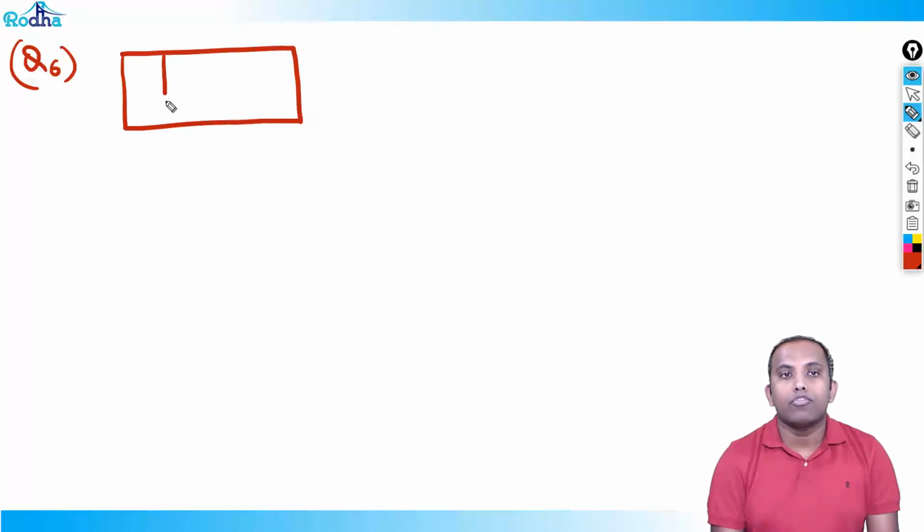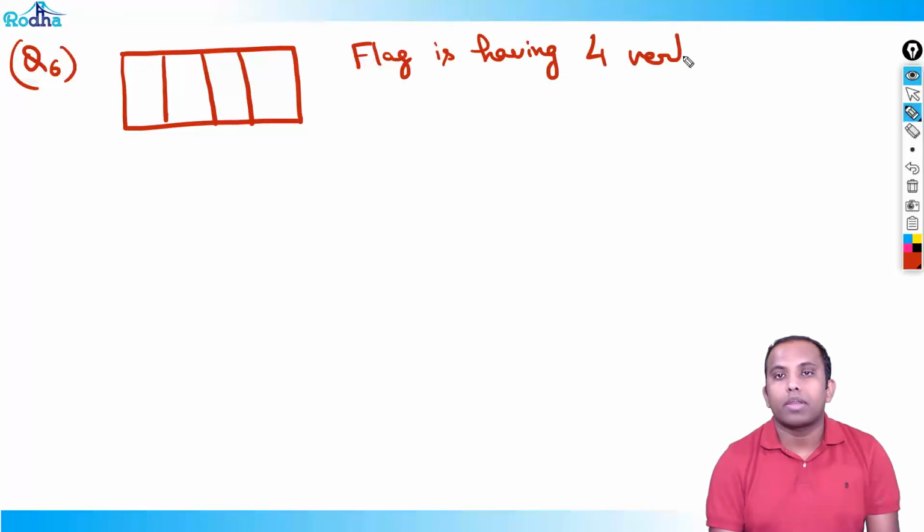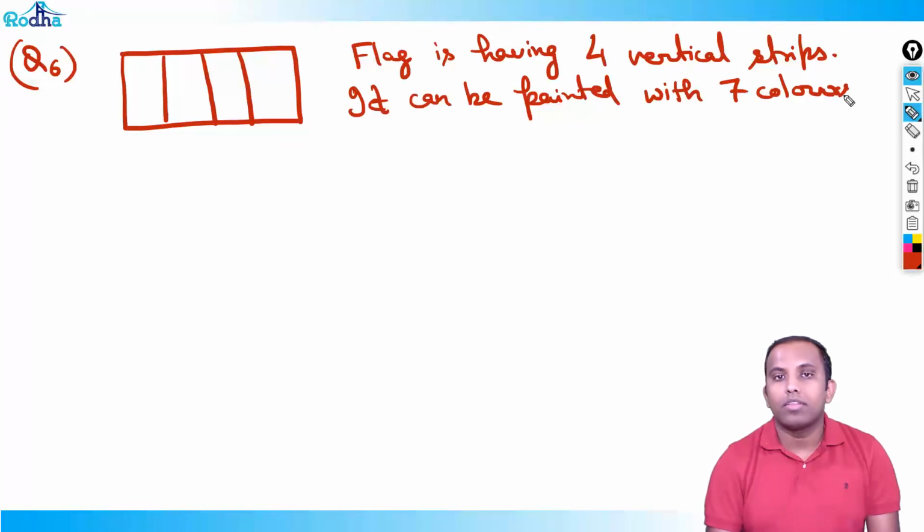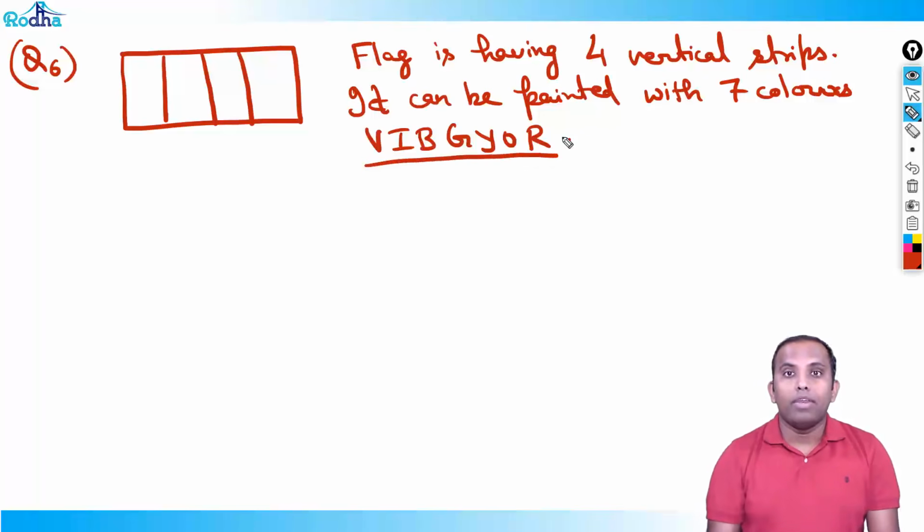A flag is having 4 vertical stripes, right? Now it can be painted with 7 colors, that is Vibgyor, 7 colors like Vibgyor. So in how many ways can it be painted, right?